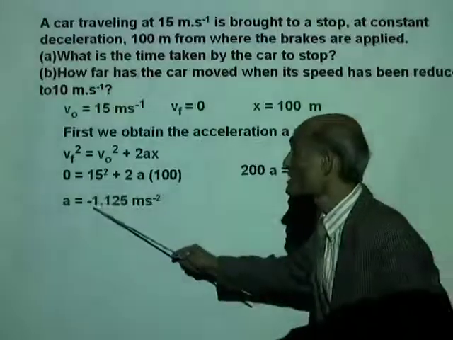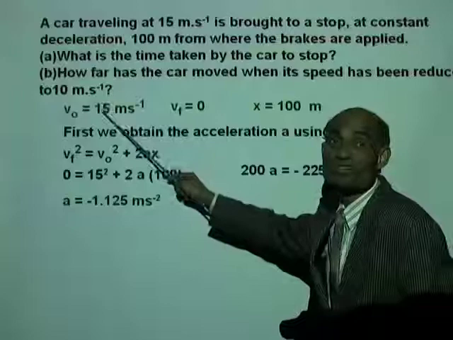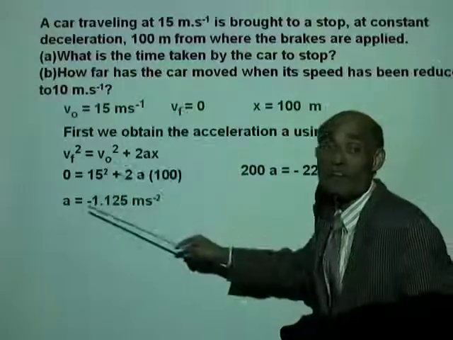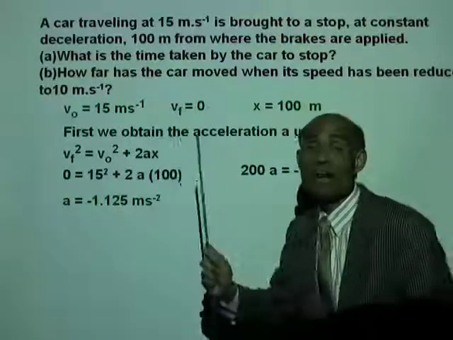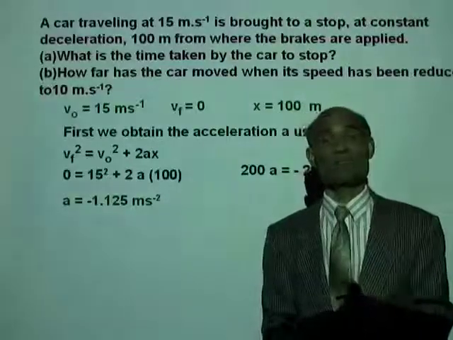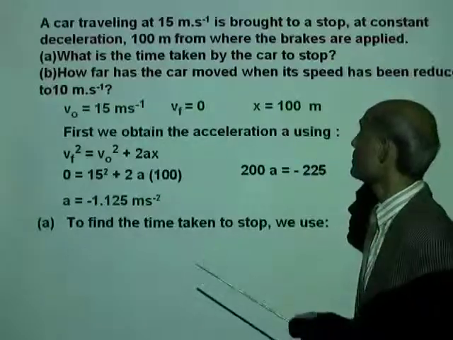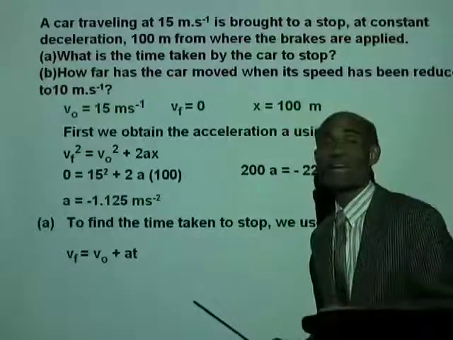Well, once you have the acceleration, we can now use these values of V0 and Vf and this a to find your time using what equation? Equation number 1. Vf equal to V0 plus at.